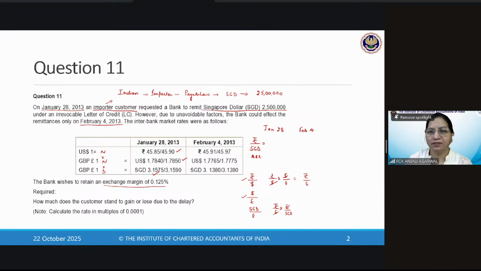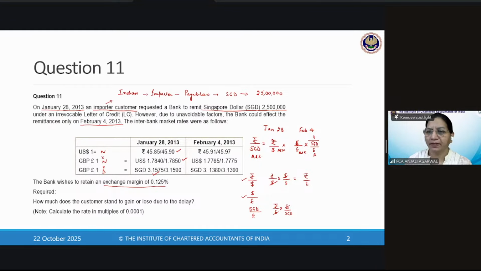So how will you get this rate? Firstly, you need to get rupee by dollar ask, multiplied by dollar by pound, again ask, and multiplied by Singapore dollar by pound, 1 upon this.